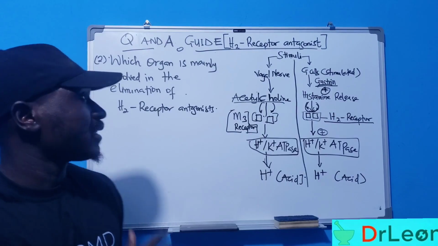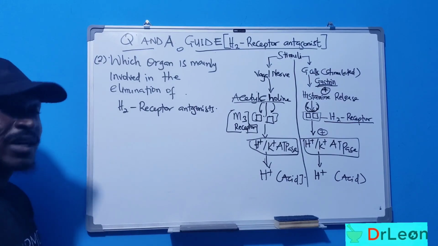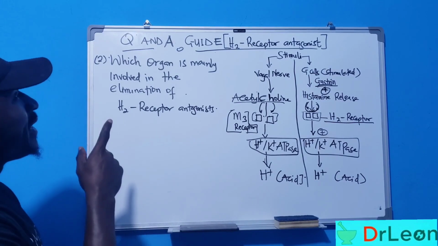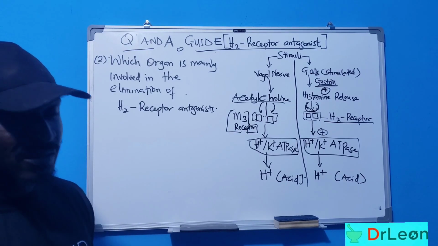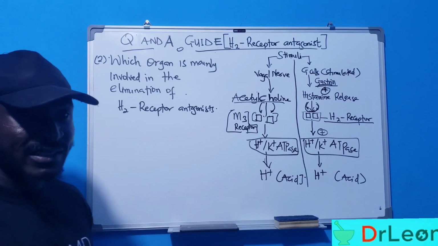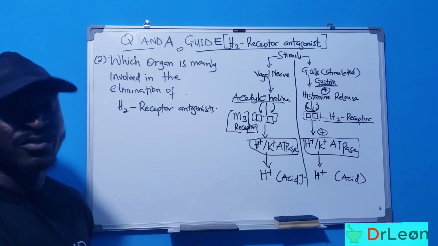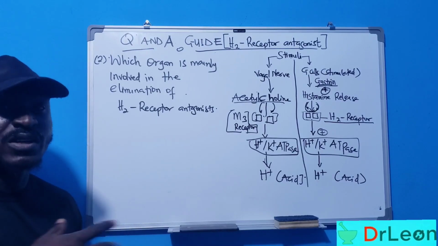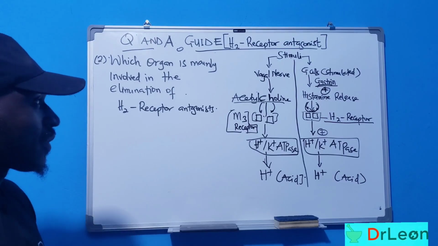And then to the second question on H2 receptor antagonists. Which organ is mainly involved in the elimination of the H2 receptor antagonist? In other words, when you take in the drug, which organ does the body use to get rid of a medication, to excrete or metabolize a medication?